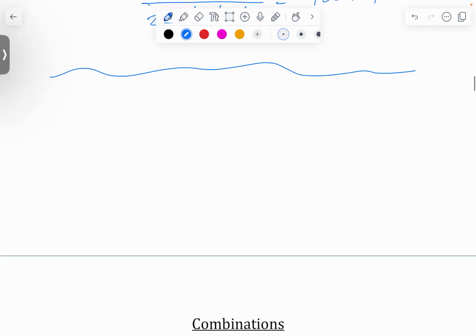So a deck of cards has 52 cards in it. 4 suits: hearts, diamonds, spades, and clubs. Half the cards are black, half the cards are red. There are 13 cards of each suit.